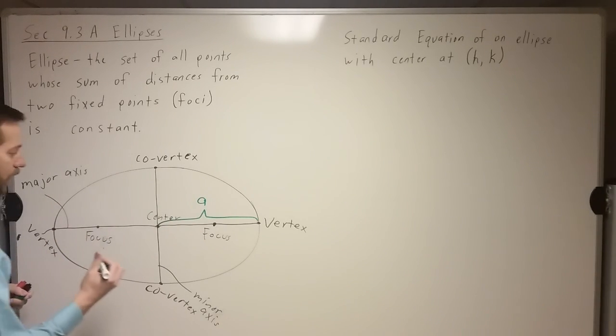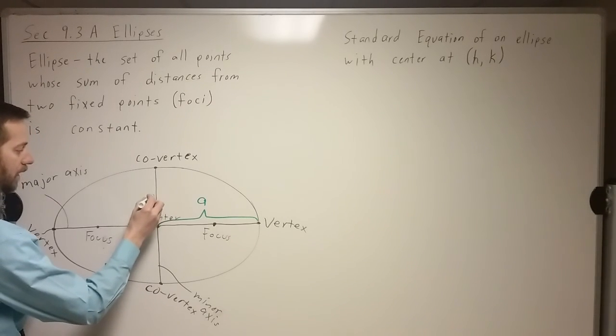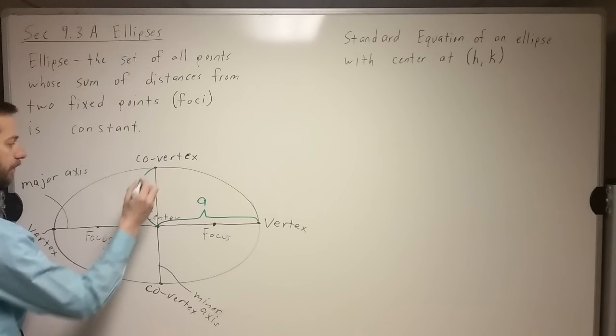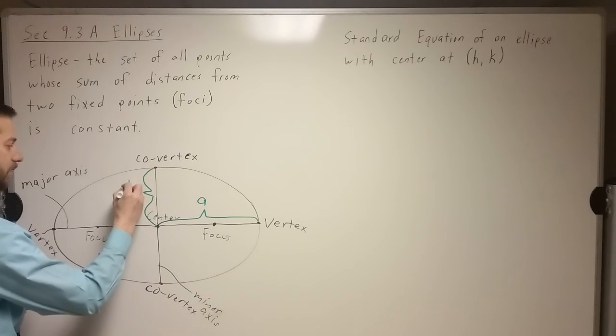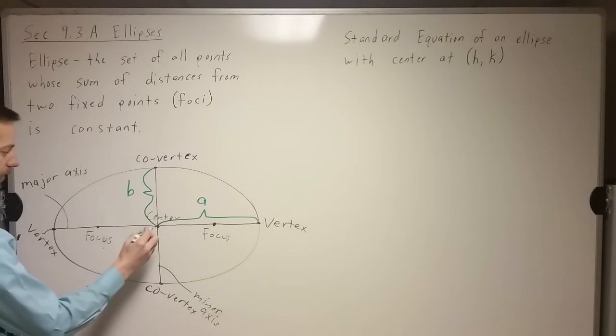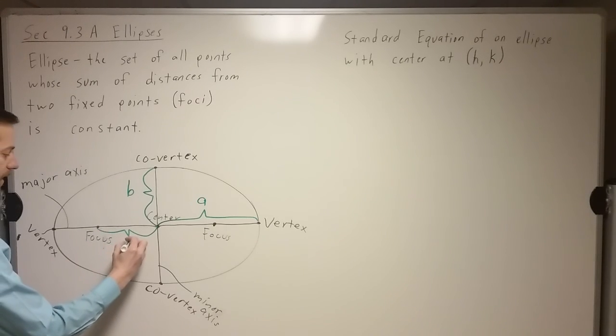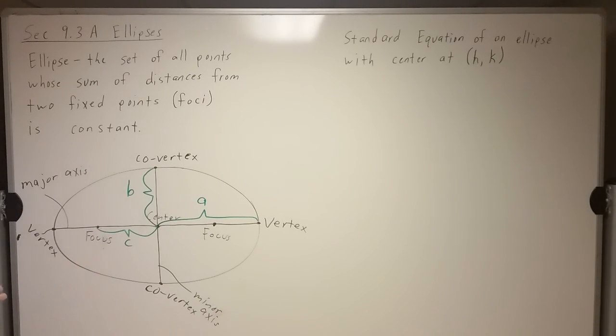We can also do the distance from the center to the co-vertex. So that would be this distance right here. We're going to call that distance the variable B. And then we could also find the distance from the center to the focus. That distance right there, we're going to call the variable C.